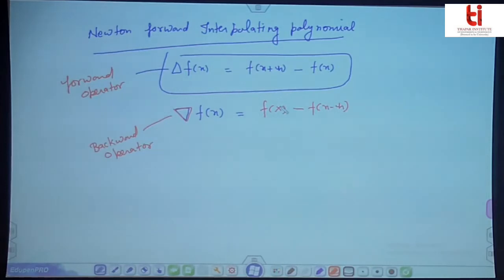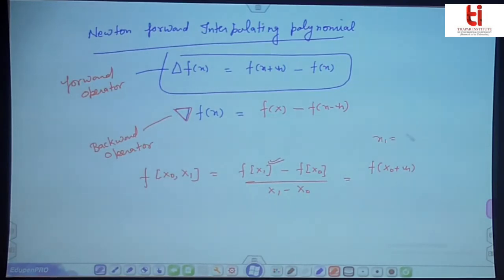Now the Newton forward interpolating polynomial. We can write f[x0, x1]. What is f[x0, x1]? It is f(x1) minus f(x0) upon x1 minus x0. This is the zeroth order divided difference, so it is equivalent to the function value.